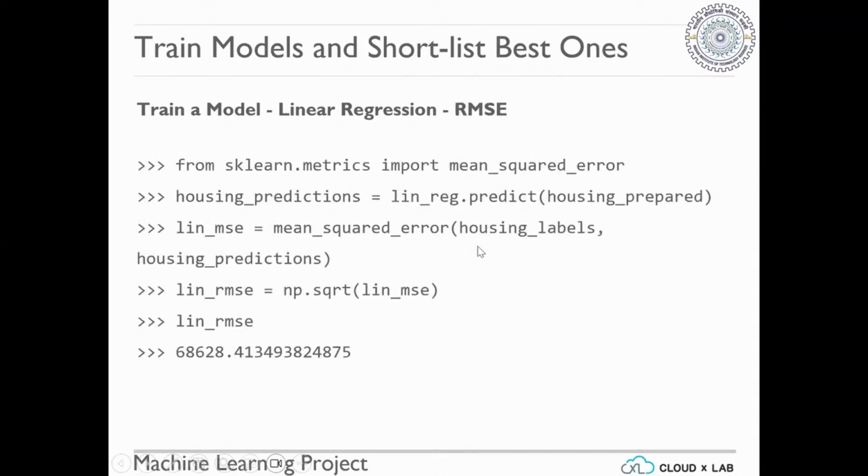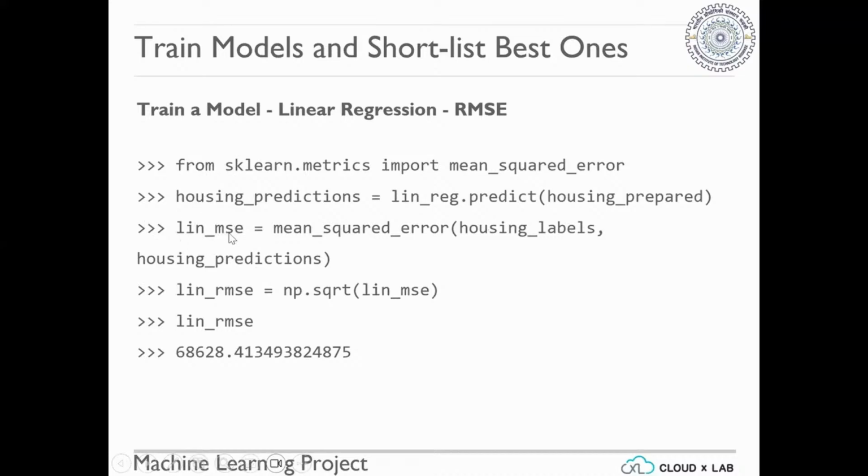Okay. So here we will pass two variables. One variable contains actual labels, the other variable contains the model predicted outputs, right? And this function will calculate the mean squared error between the actual values and the predicted values, right?